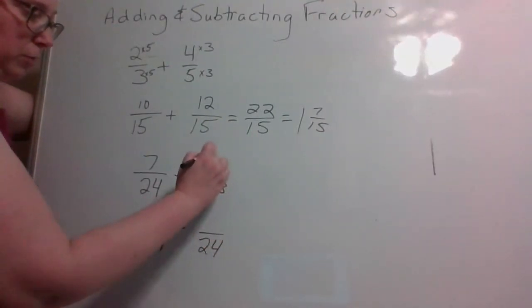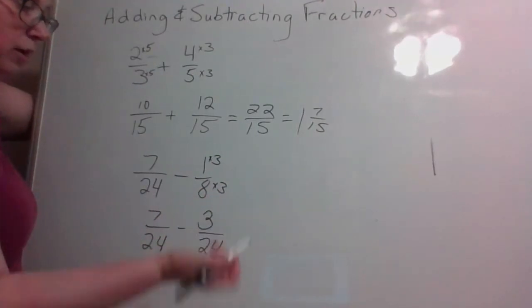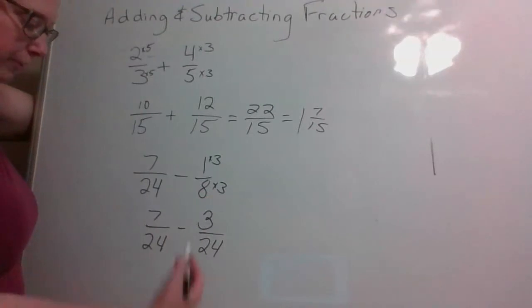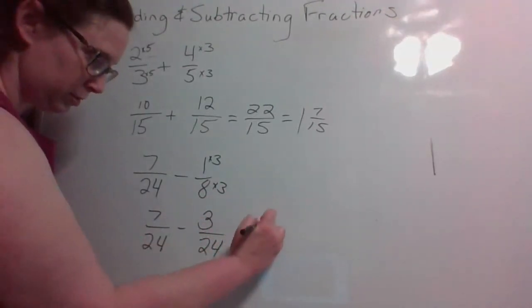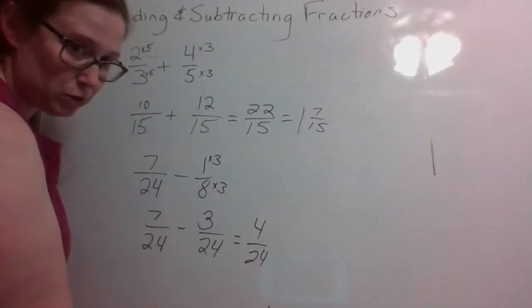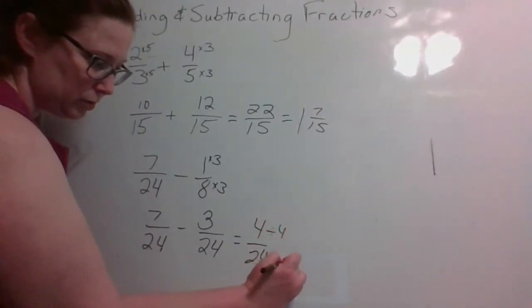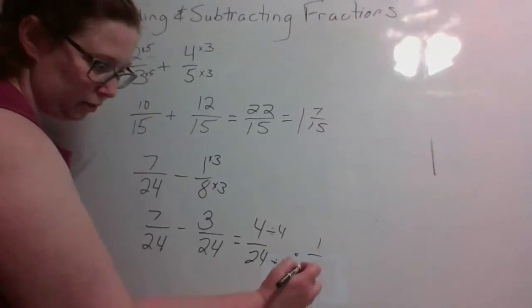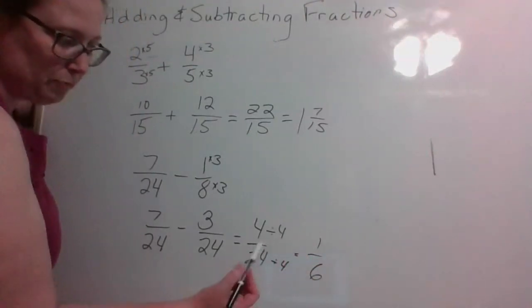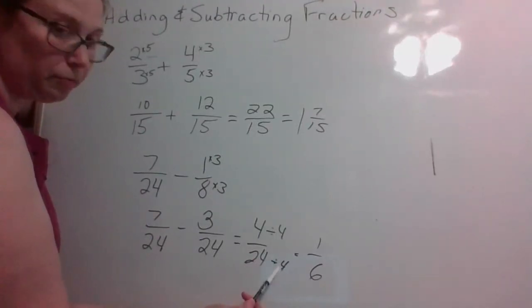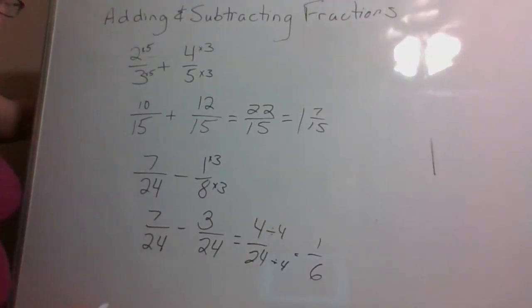The second one I had to multiply by 3, so I do that on my denominator and my numerator. And now I can subtract, and this one I can reduce. So I do that, and I get 1/6. Notice again, I have to divide by the same number on the top and the bottom to keep it a legal math move. Sometimes you're going to have mixed numbers here.